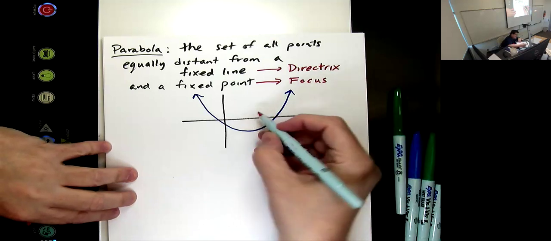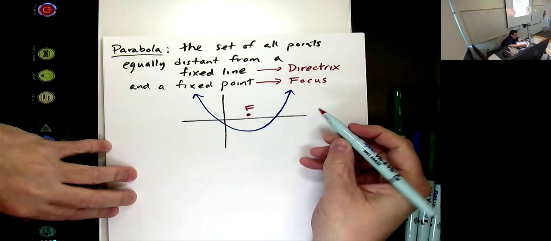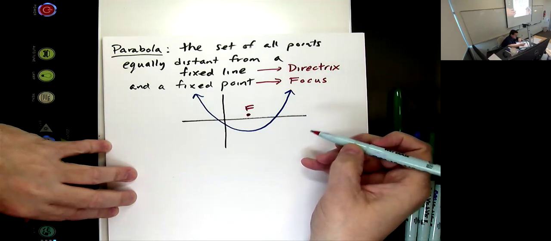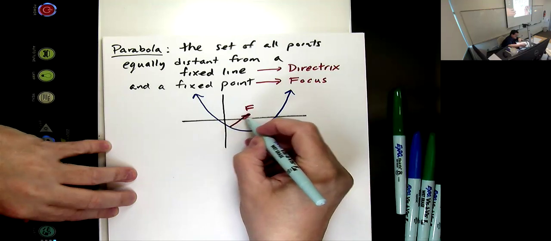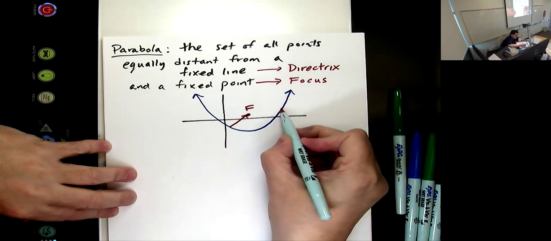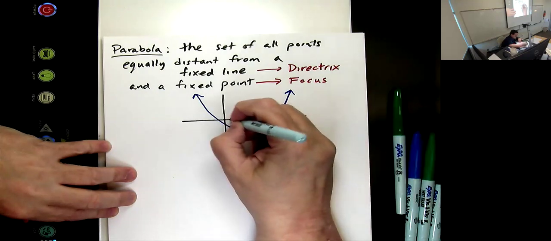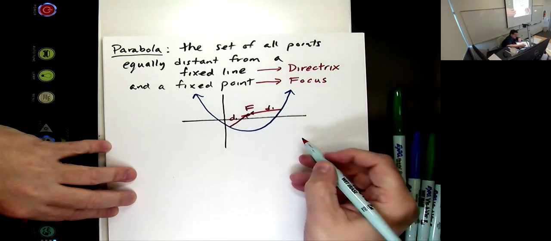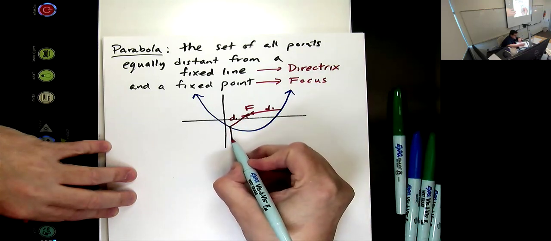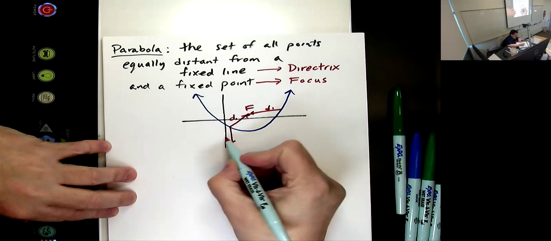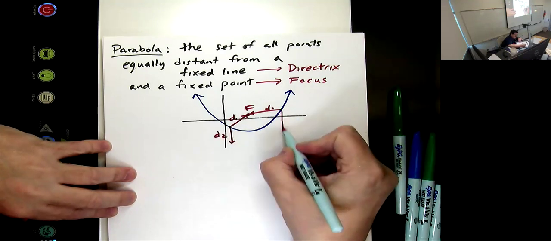Let's say that our focus is here. I'll call that F. So it doesn't matter where we go to it from on the graph. I'm going to call this D1 in both situations. D2 is straight down the same amount.